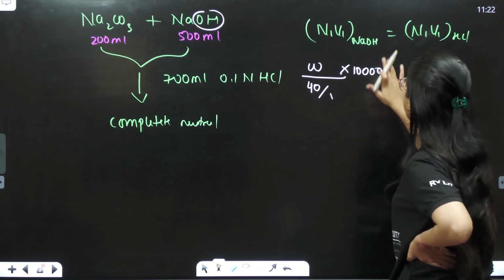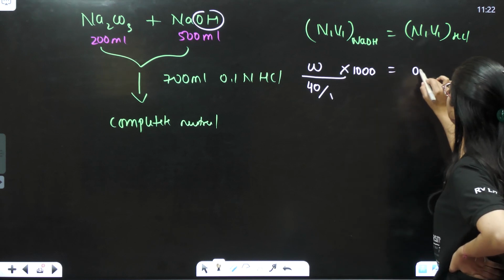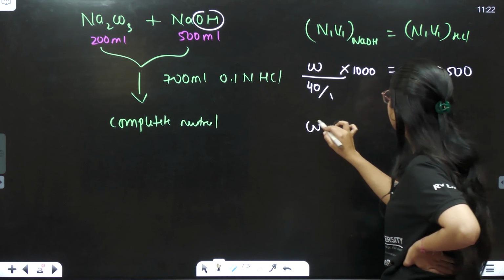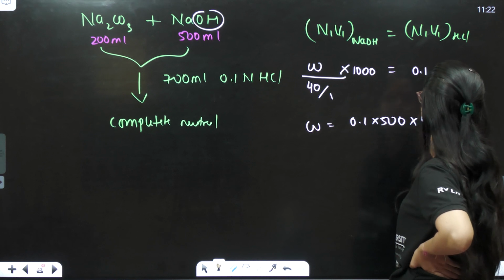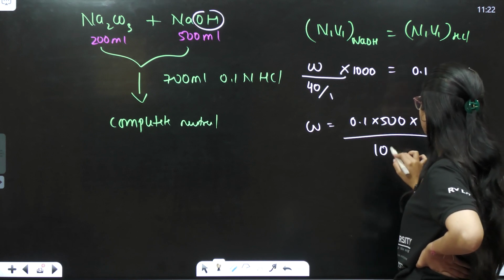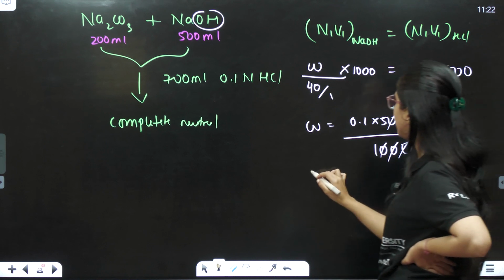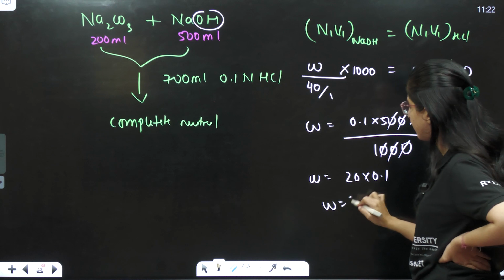Correct? Now, HCl normality is 0.1 and the volume we have used is 500. So the weight will be 0.1 into 500 into 40 divided by 1000. The zeros cancel. 5 fours are 20, and 20 into 0.1 will give you 2 grams.